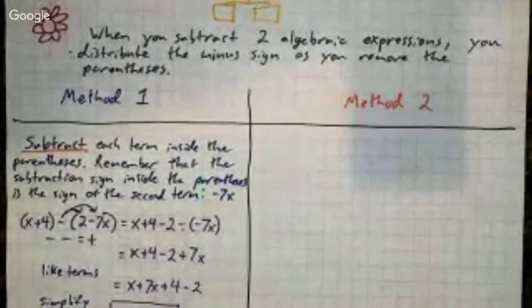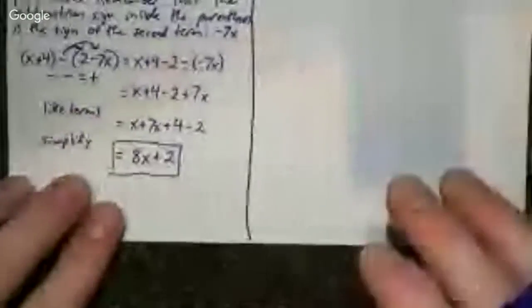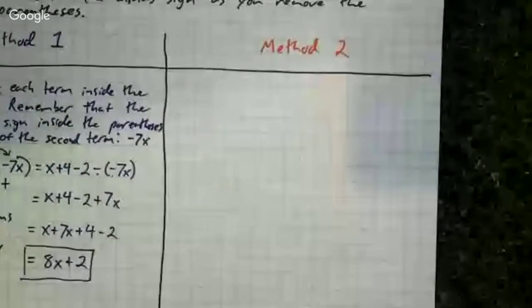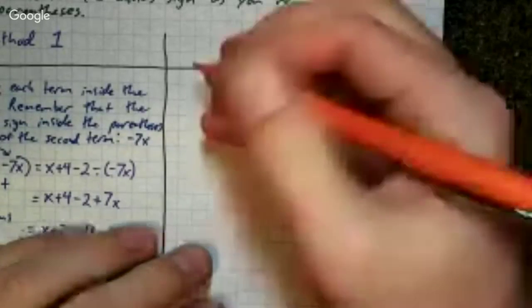Okay. That is now method 1. Now we're going to hop over to method 2. Method 1, we turn those into a subtraction problem. Method 2, we are actually going to be changing and rewriting subtraction as addition.